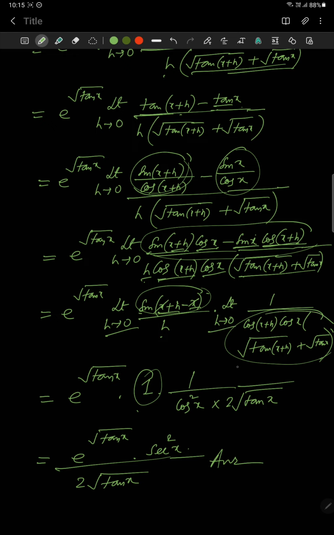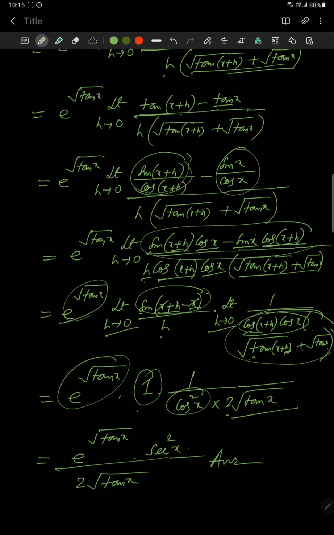Then limit h tending to 0 will make this whole thing cos square x, e to the power root over tan x remains as it is, and with h tending to 0, this becomes root over tan x plus root over tan x, that is equal to 2 root tan x.